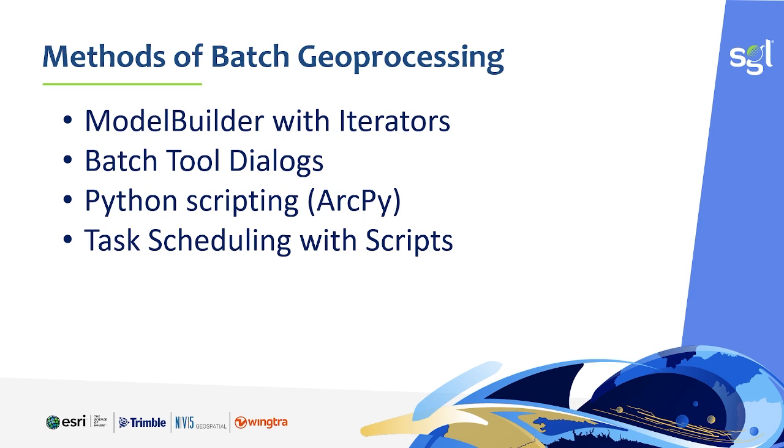But for the purpose of this training video, we're going to look at the second one, which is the batch tool dialog. It's really a GUI, a user interface. You just click, press play, input your data sets, your boundary for the clip, and then you move.